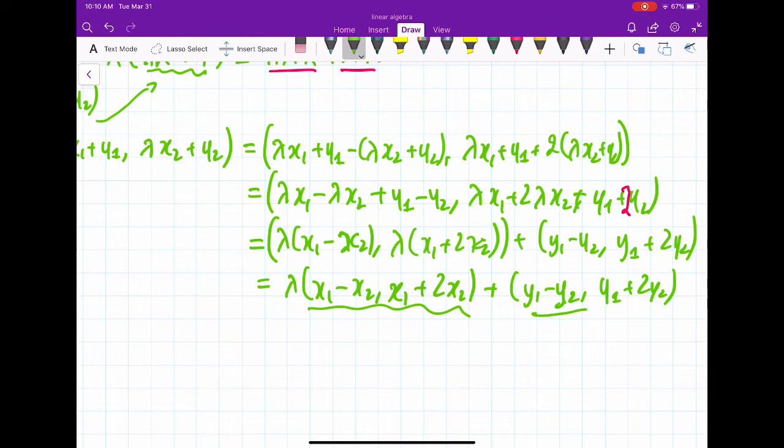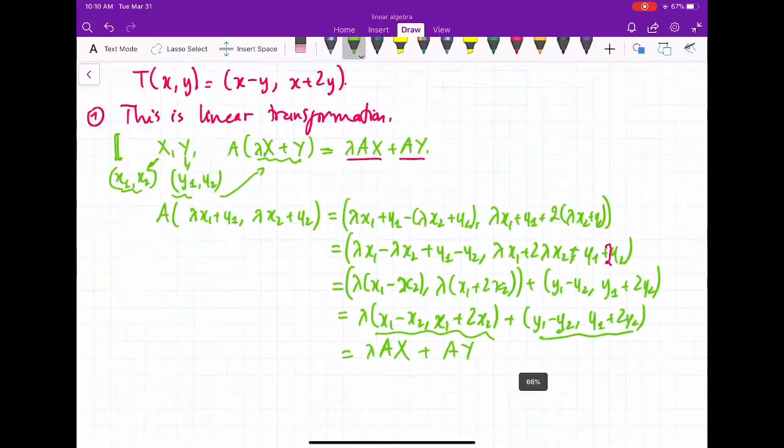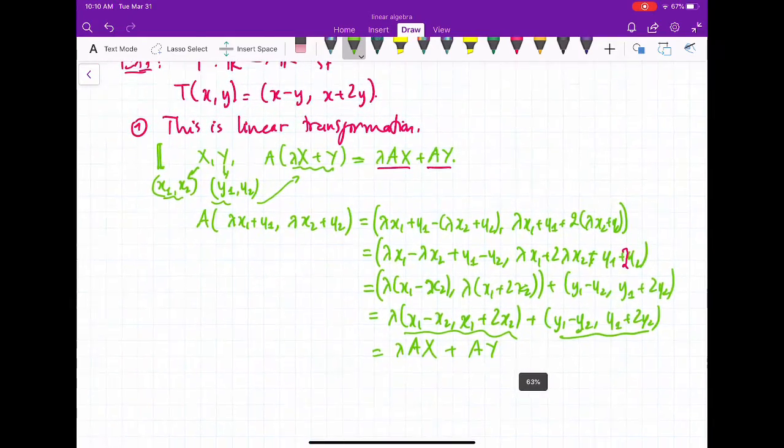But what's this? This is just T(x), and this guy is T(y). So basically, T is a linear transformation.